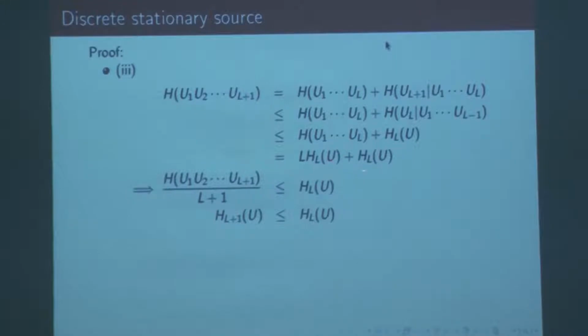So this is L plus 1 times H_L of U. So divide both sides by L plus 1. What we get is H_{L+1} of U is less than or equal to H_L. So we have proved as L increases, this is a non-increasing function.